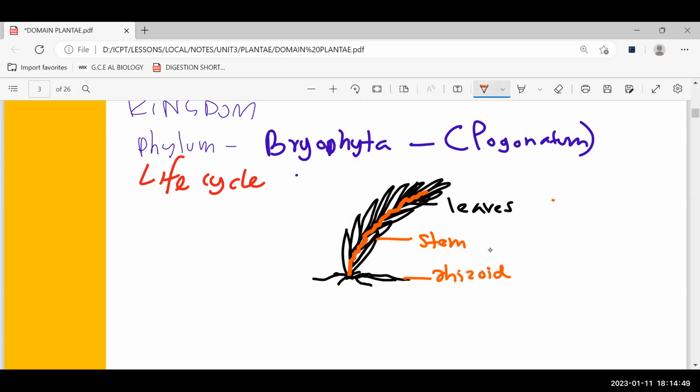We don't use the word root, instead we use rhizoid because they are not as well developed as in the plant, so they are very close to the protista cell structure.